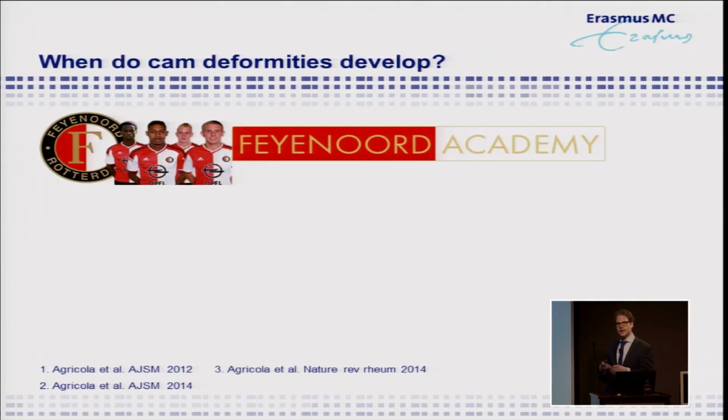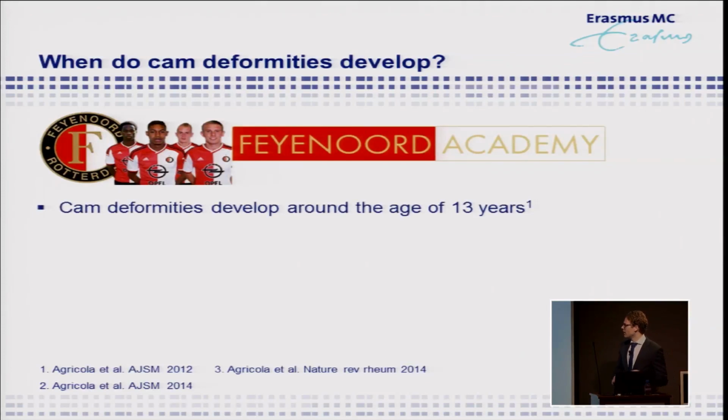So we studied athletes from 12 until 18 years. And the first question was just very simple. At what age do we first see a cam deformity? Or do we see them already in the 12 years old? And we actually noted that the cam deformity became radiographically first visible from the age of 13 years.